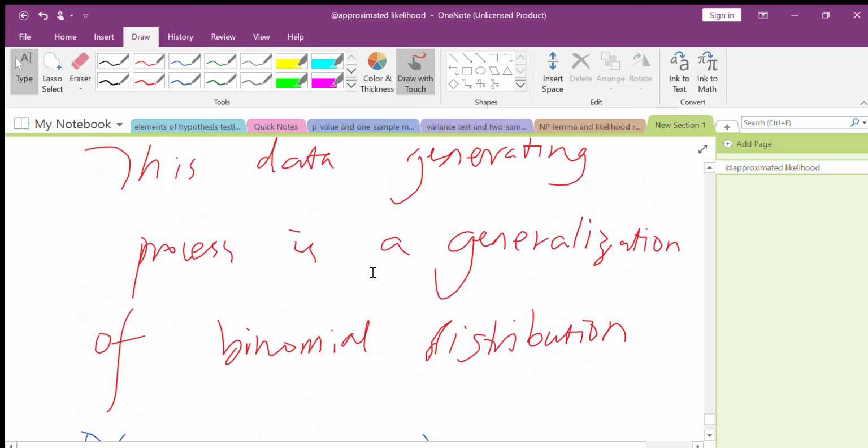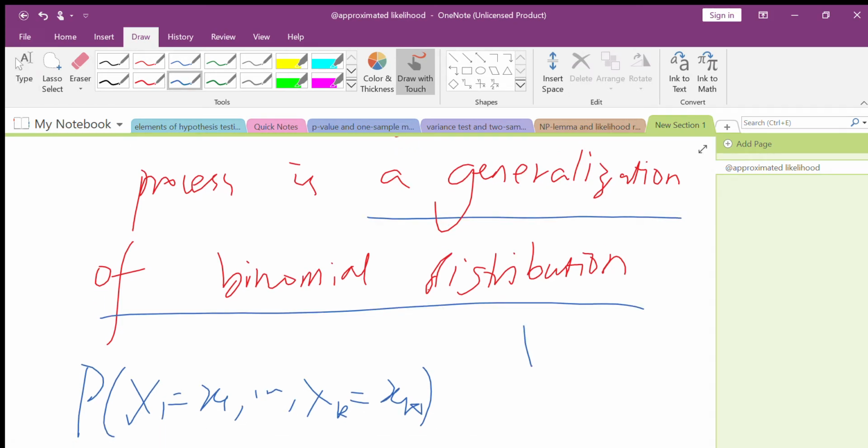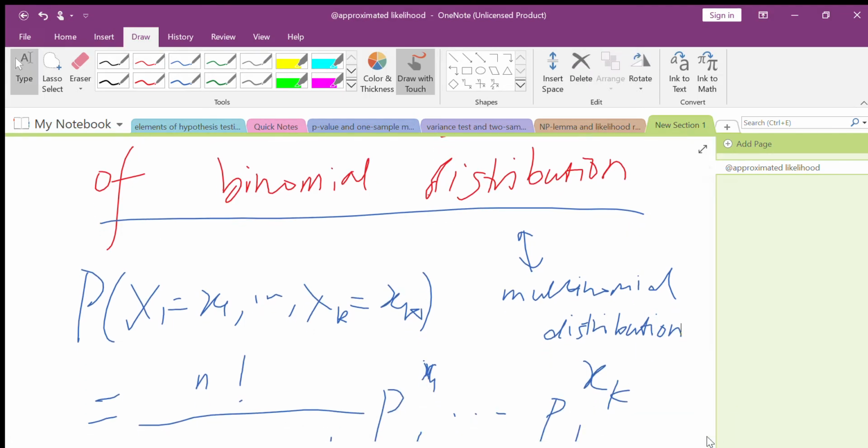This generalization of binomial distribution is called the multinomial distribution.